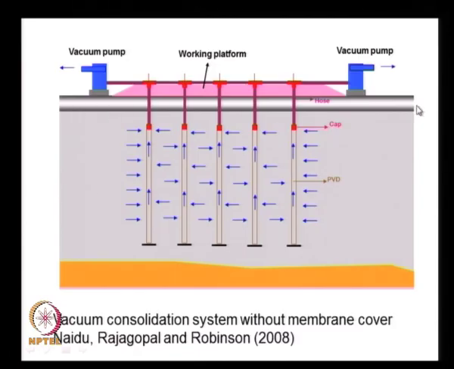If we have a natural thin clay crust, we can take advantage of it, otherwise we can place a mat of clay soil to isolate the area of treatment from the rest of the soil medium, and once again we connect these vertical PVDs to the drain pipes or the horizontal pipes through which the vacuum is applied.